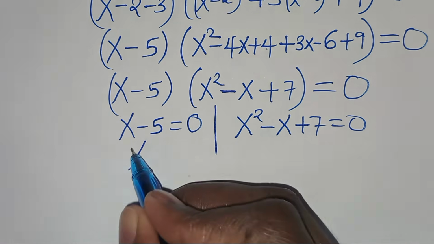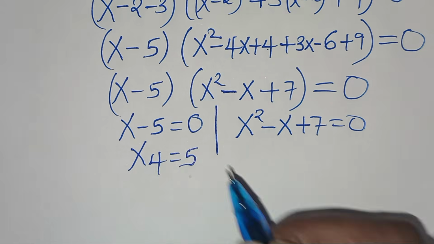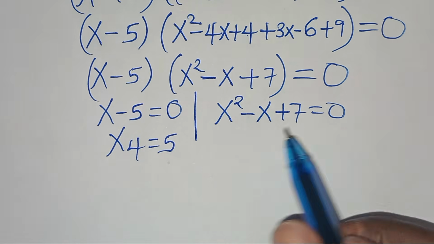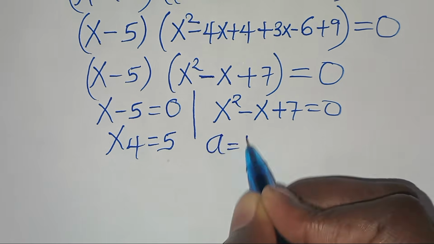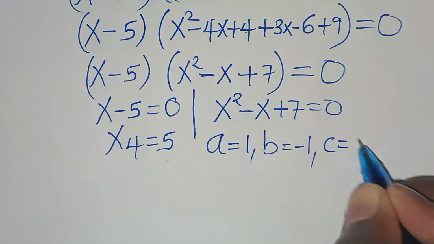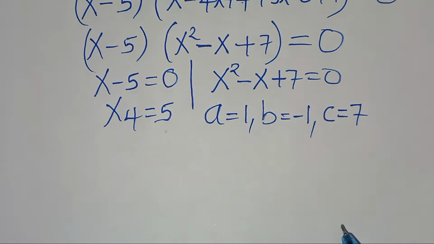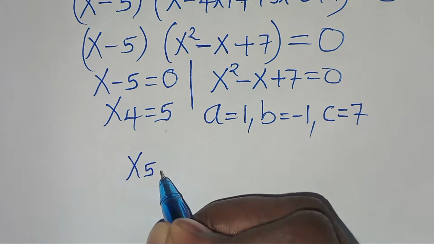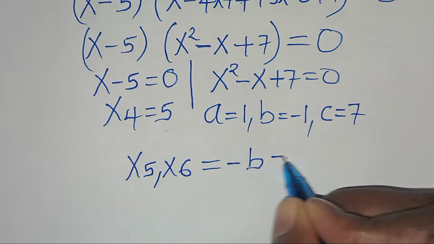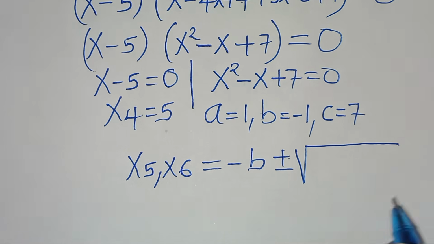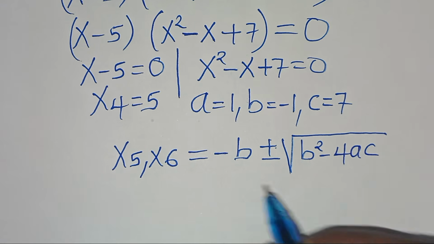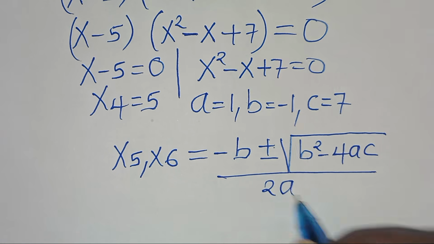Now we have that here x4 is equal to 5. Now we can solve for x5, x6 from this quadratic equation. We have that a is equal to 1, b is equal to minus 1, and c is equal to 7. So we can solve for x5, x6 by applying the quadratic formula, that's minus b plus or minus the square root of b squared minus 4ac, everything here divided by 2 times a.